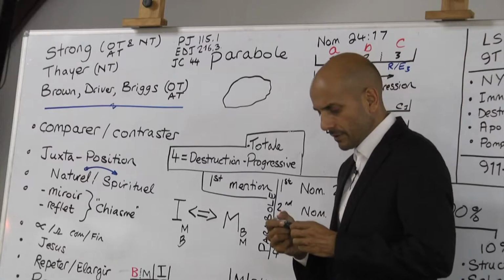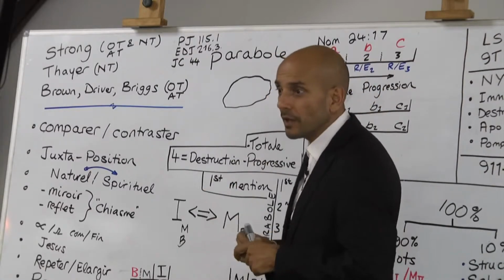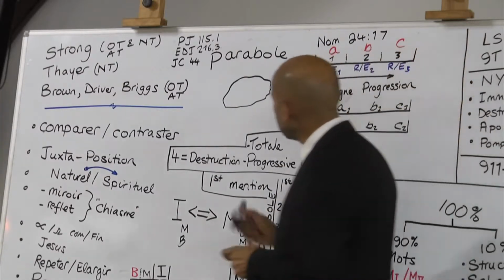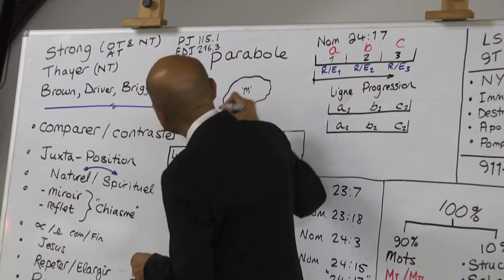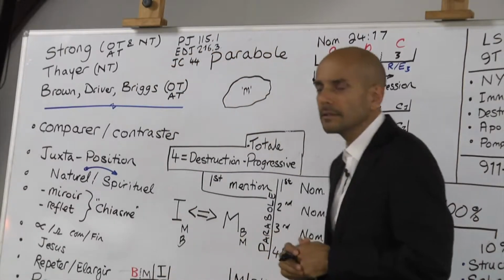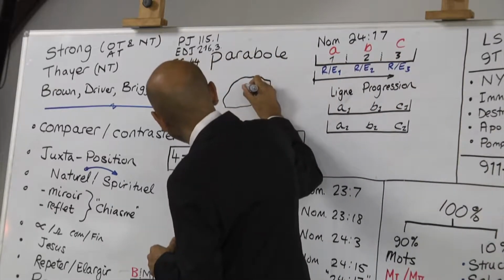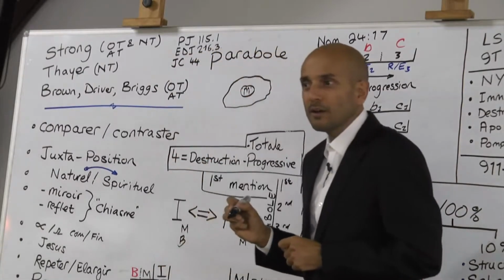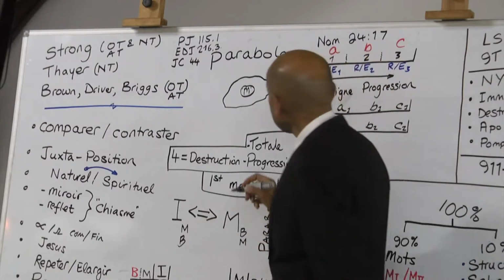With the scepter. When you smite with the scepter, this is Moab. Which bit of Moab is going to be attacked? Is it just the capital here? No. It's going to go to all the corners.